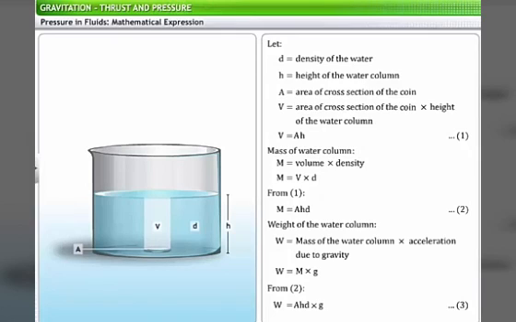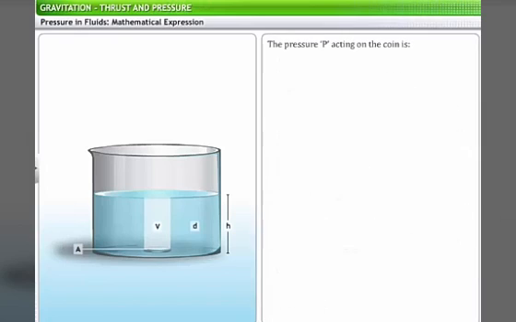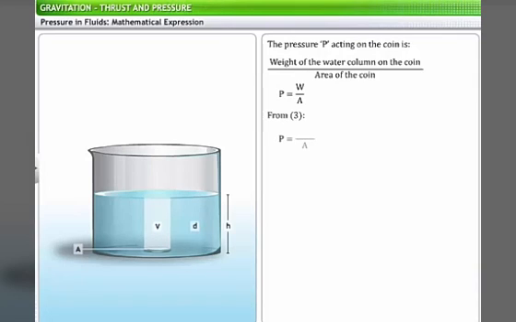Weight of the water column acts normally on the object. Thus, the pressure P acting on the coin is the ratio of weight of the water column to the area of the coin. That is, P is equal to W divided by A. From equation 3, we know W is equal to the product of A, h, d and g.